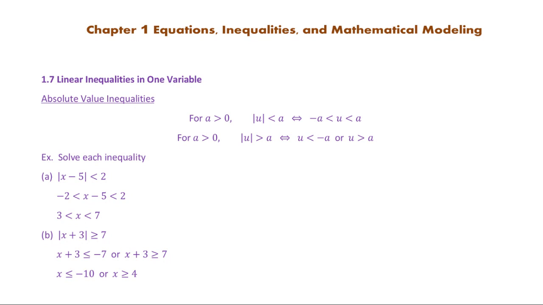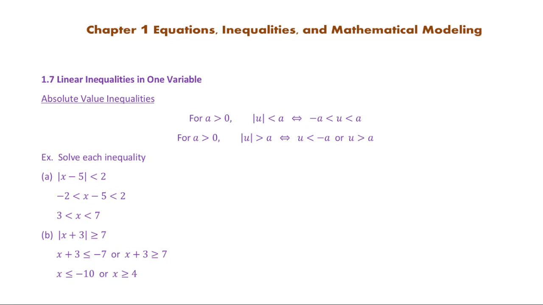Again, let's say the absolute value of x is greater than 1. Then x can be either positive or negative, because after taking the absolute value you get a positive number. So that breaks into x less than negative 1 or x greater than 1. For example, for x less than negative 1, we can pick negative 2 for x.